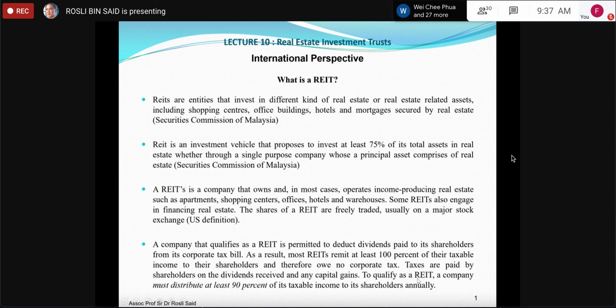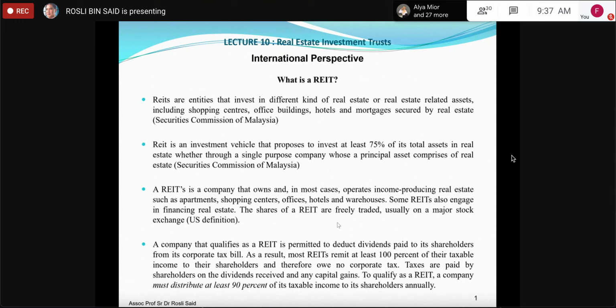To qualify as a REIT, a company must distribute at least 90% of its taxable income to its shareholders annually. So REITs have to pay 90% of their annual profit in the form of dividends to the shareholders. They cannot keep more than 10% of the profit.